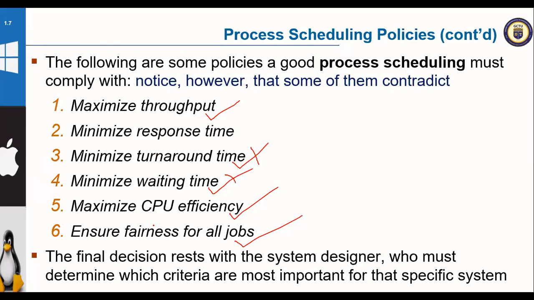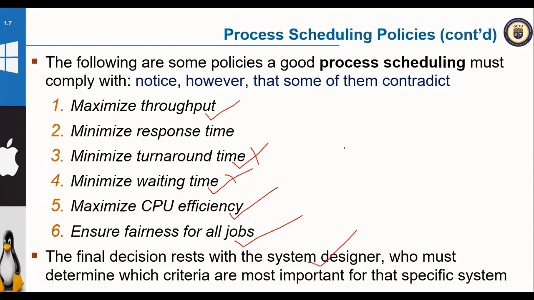Now, the final decision rests with the system designer. Whoever is designing the system will have to decide which of these policies is of utmost importance to them, and then they will focus on that. If you go to the hospital, like the scenario I have just created, is the hospital interested in the normal patients, or is it so keen on seeing to people with emergency?